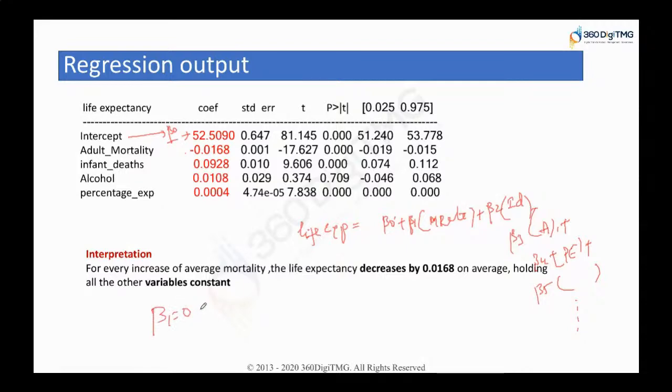It means that there is no effect of this mortality rate on y. Right? There is no effect. So beta 1 should be some non-zero value. It means that it will have some effect on the output. So we can never know the true slope here.